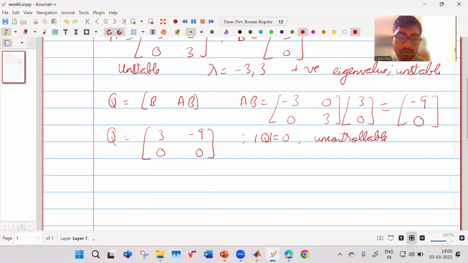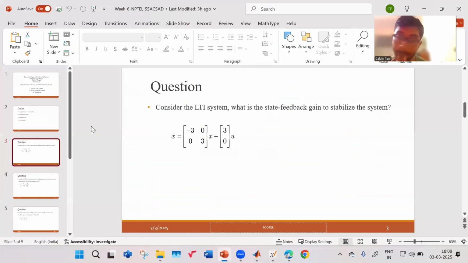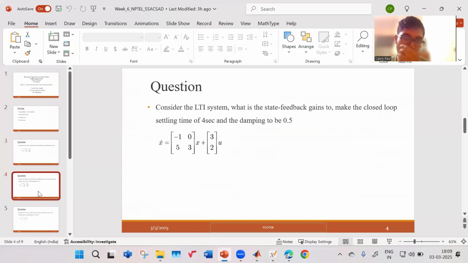This is the first question. Let's go to the next question: consider the LTI system. We are still considering only linear time invariant systems, as in the assignments.